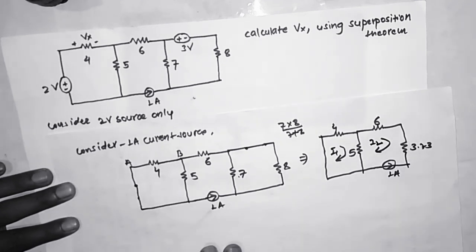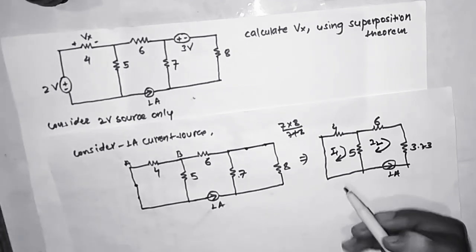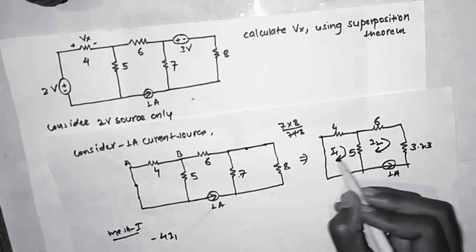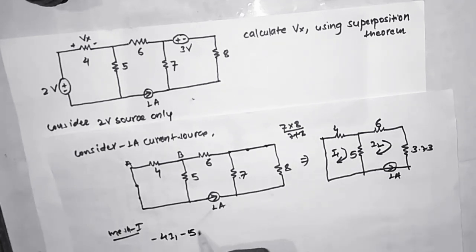Applying KVL in mesh first, we can write minus 4 I1, and 5 is common to both meshes, so minus 5 times I1 minus I2 equals 0.